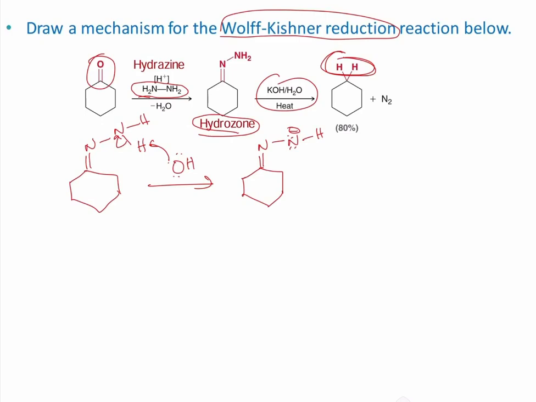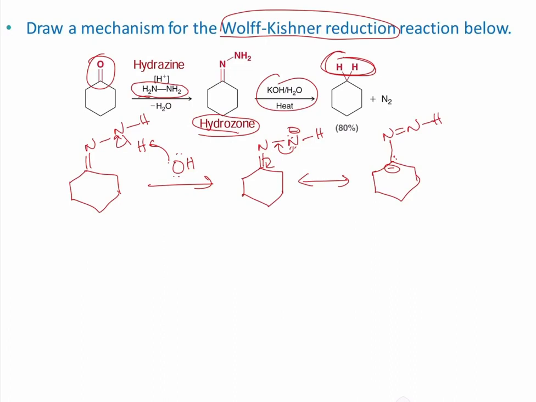Okay, and then we can have those electrons move there, and those ones go to the carbon, which is kind of just a resonance structure. So there's going to be 1, 2, and then a minus charge, nitrogen.